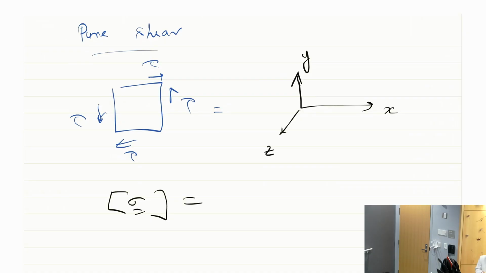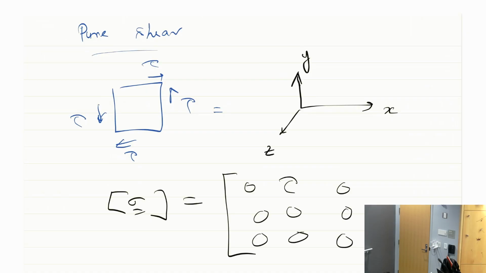Again, like I said, once you pick the coordinate basis, you're working in the matrix format. Everything for the class purpose is in the matrix way, right? So if you look at the cube oriented along the side, there are no normal stresses in this case, right? Imagine the cube here, what direction it is.